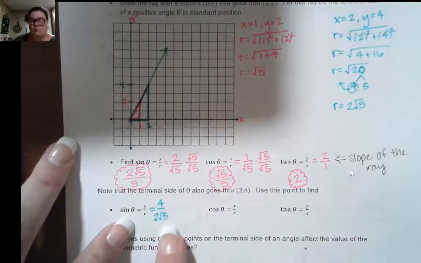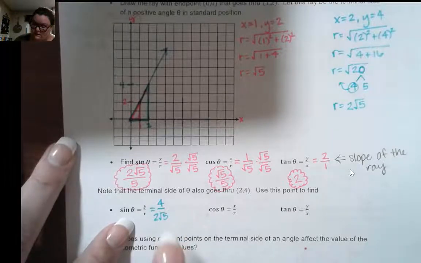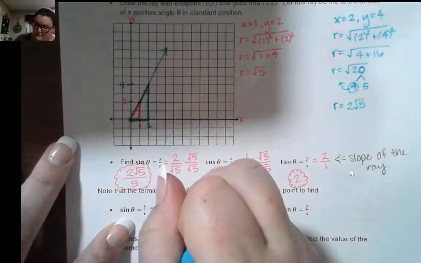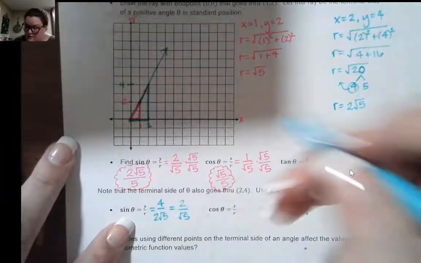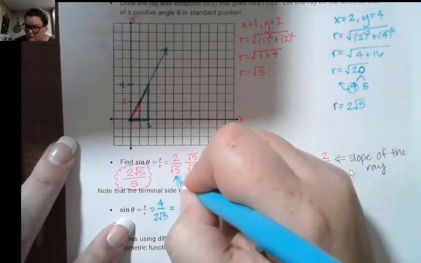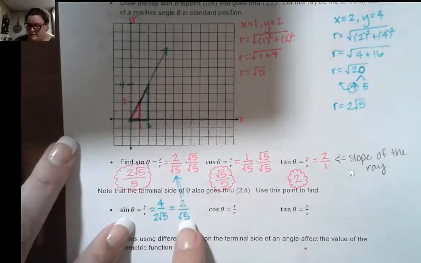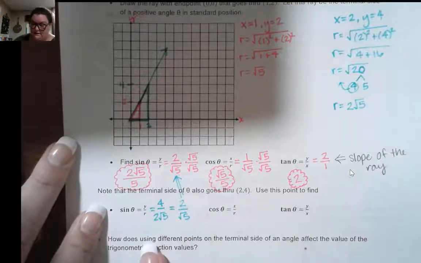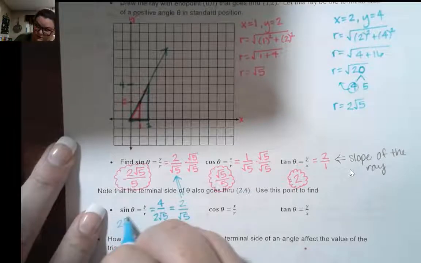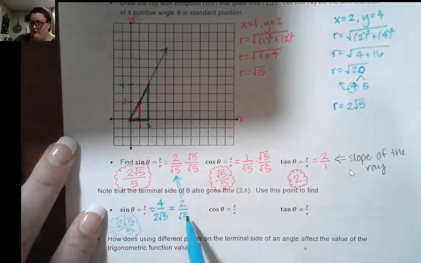And notice, before I even get rid of that radical, I can go ahead and reduce this. If I reduce on top and bottom by 2, I end up with 2 over the square root of 5. And notice that's exactly what I had before. So I can go through the process again of rationalizing the denominator, and that will give me the same answer, 2 square root of 5 over 5. I'm not writing out that step because I already did it up here, right?